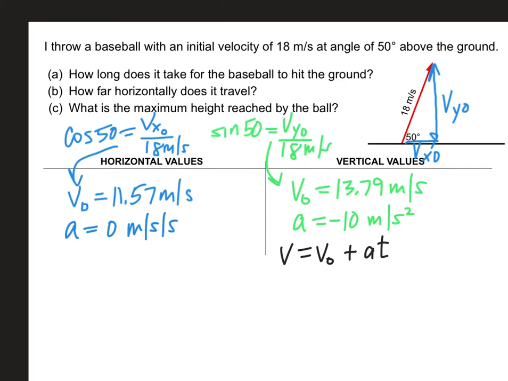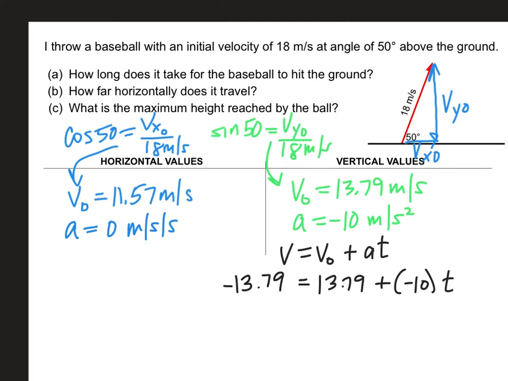But we're going to use this 13.79 instead. We're going to stick with things just in the vertical direction. So we would launch it at 13.79, and the acceleration would be -10, and when it comes back down again, it's again traveling at 13.79, but now in the negative direction.